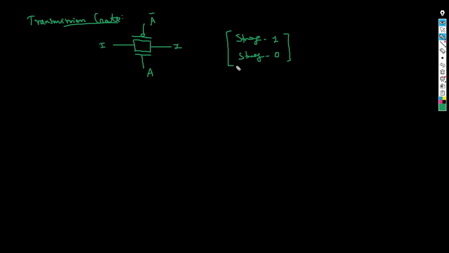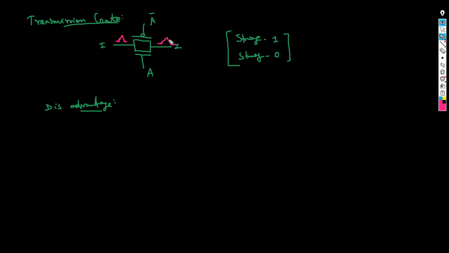Okay, but what is the disadvantage in this? What is the disadvantage of the transmission gate? The main disadvantage is that if there is any kind of spike here, that spike gets amplified bigger.